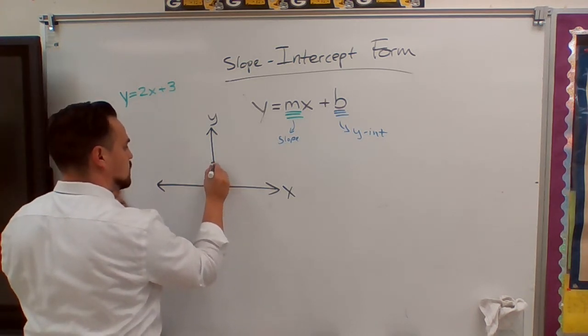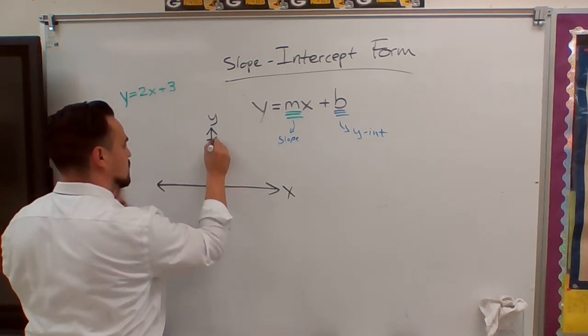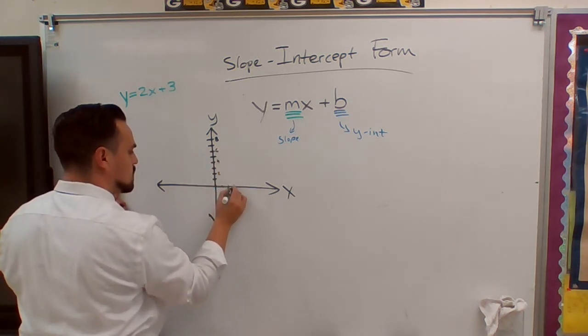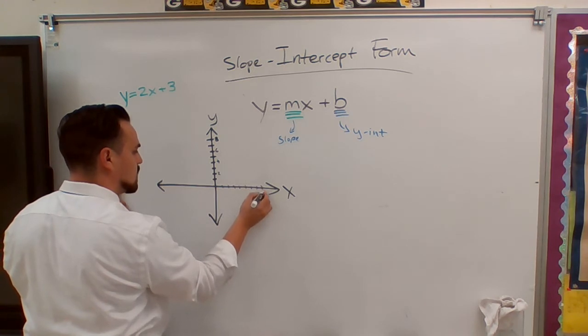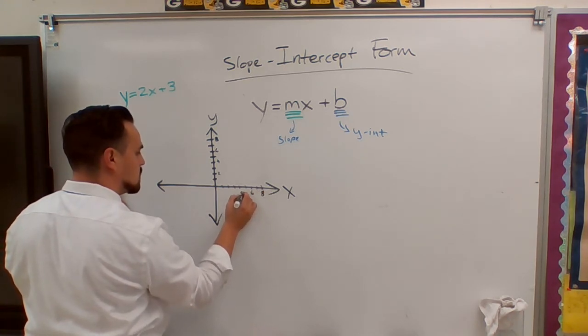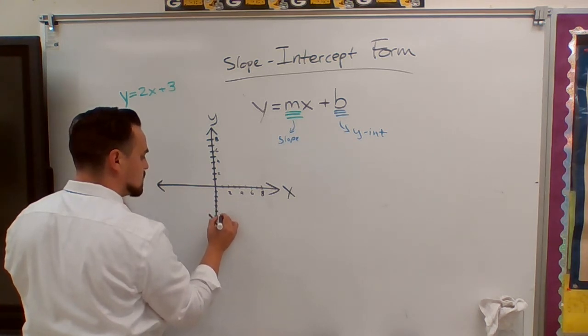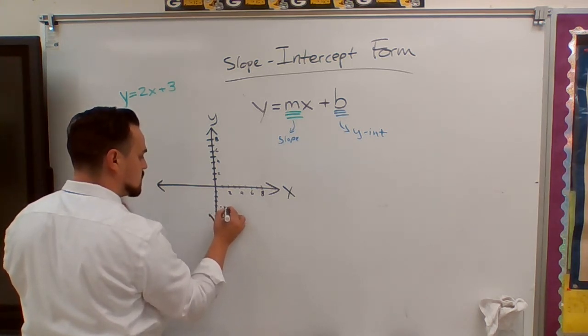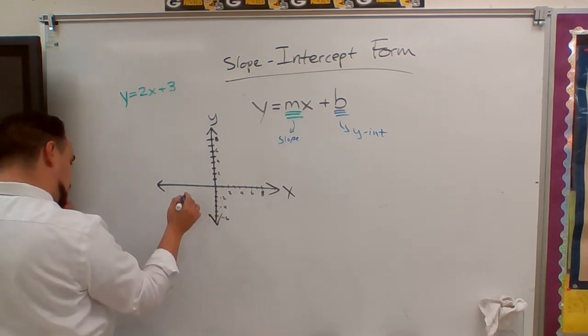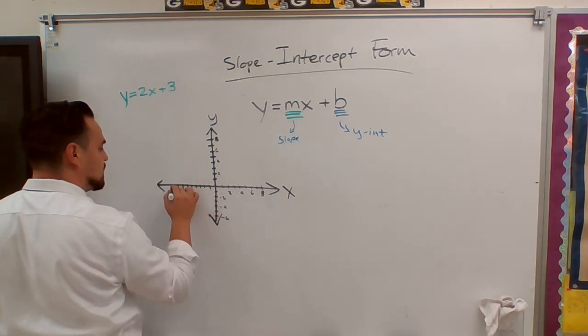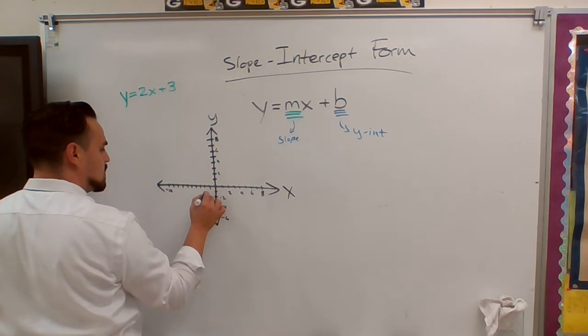I'm labeling the axes, maybe over labeling, but better safe than sorry. Positive 1 through 8 on each axis, negative 1 through negative 10 going down, and negative 5.